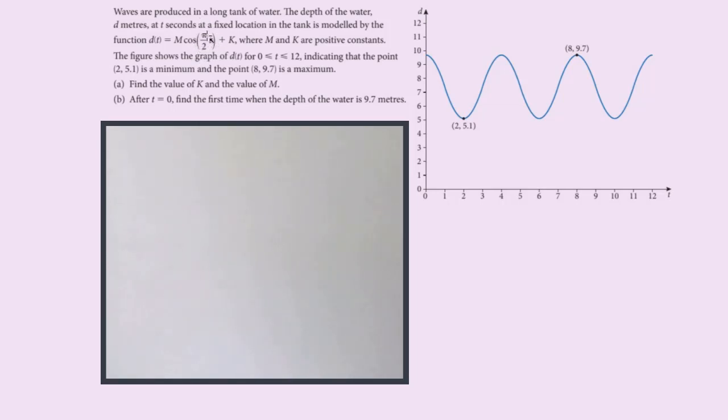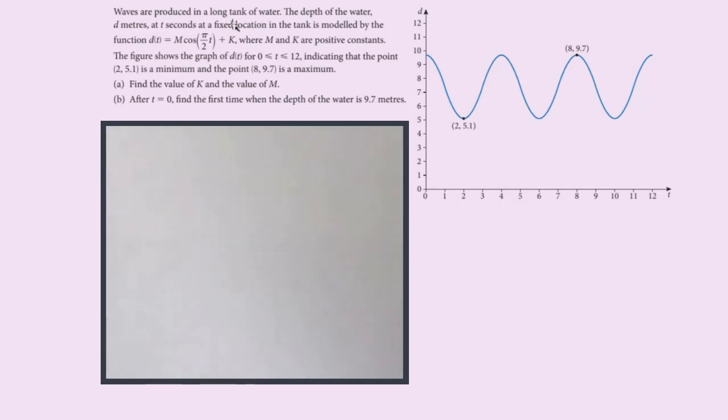We've already been told that, but if we weren't told that, we could have worked that out. M affects the amplitude, so it stretches the graph vertically. So m will be the amplitude, and k, because it's added after everything's done, moves it up and down. So k is where the principal axis is.